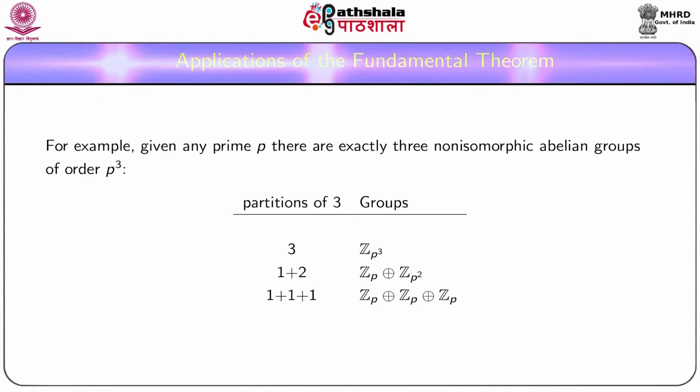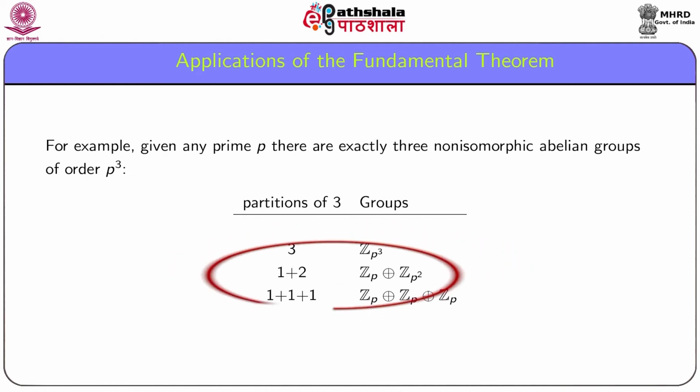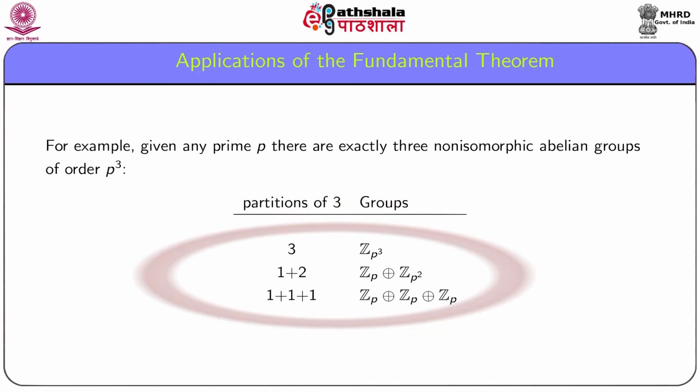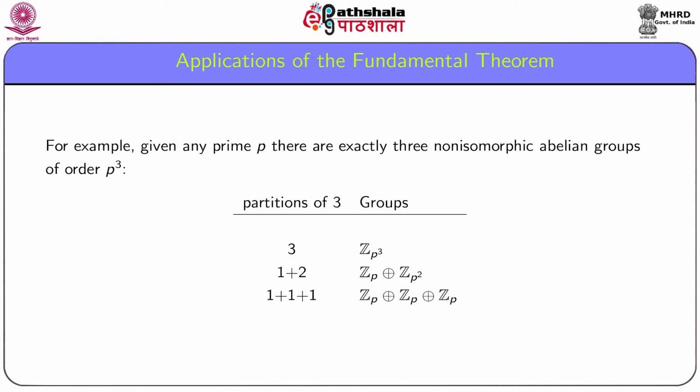The partition 3 corresponds to the group Zp cube, and the partition 1 plus 2 corresponds to the group Zp direct sum Zp square, and similarly the partition 1 plus 1 plus 1 corresponds to the group Zp plus Zp plus Zp.